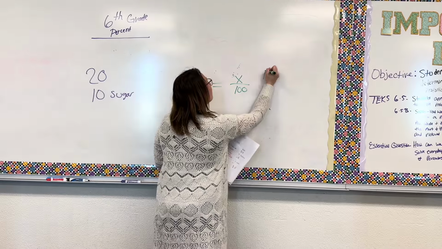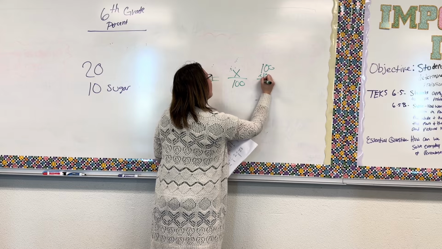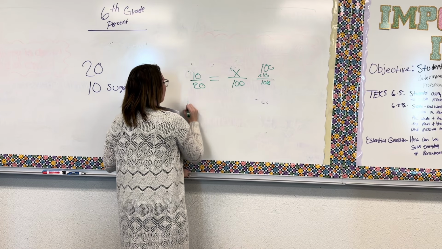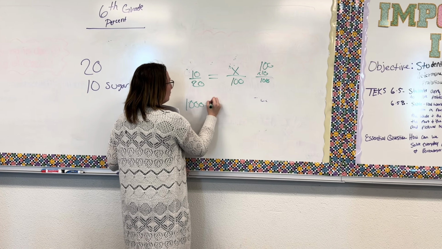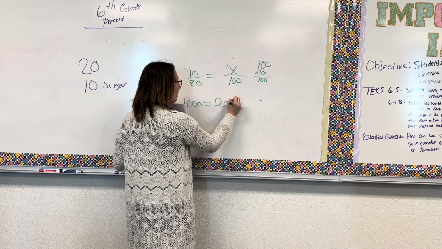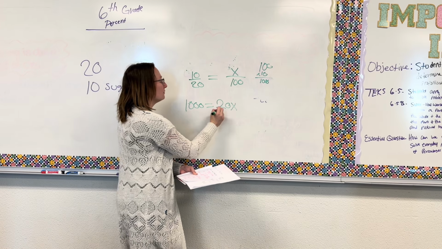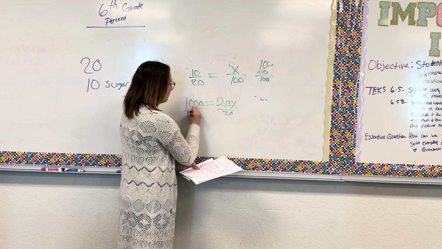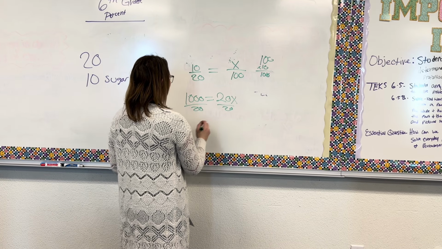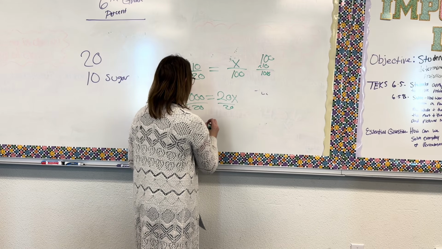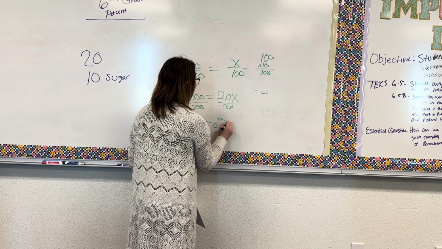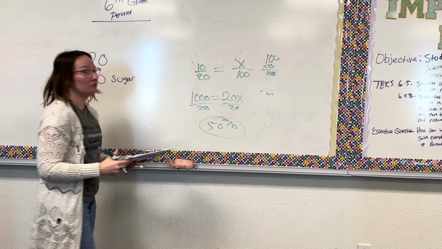So 100 times 10, once again, is 1,000. So we have 1,000 is equal to 20X. What's our next step? Yeah, we need to divide by 20. And that will give us 50% of our cookies are sugar.